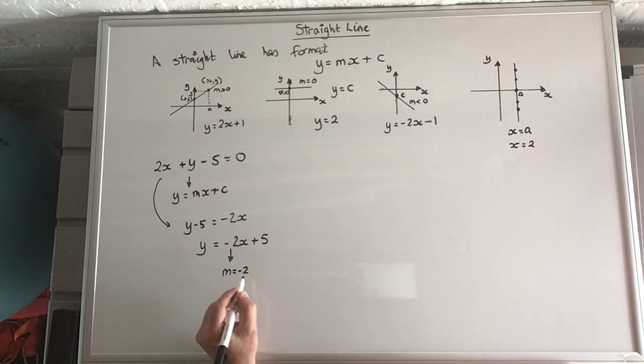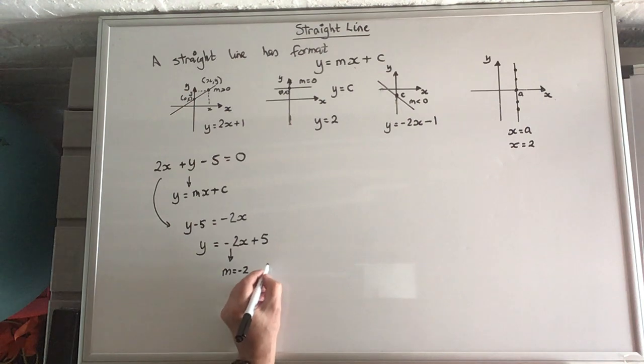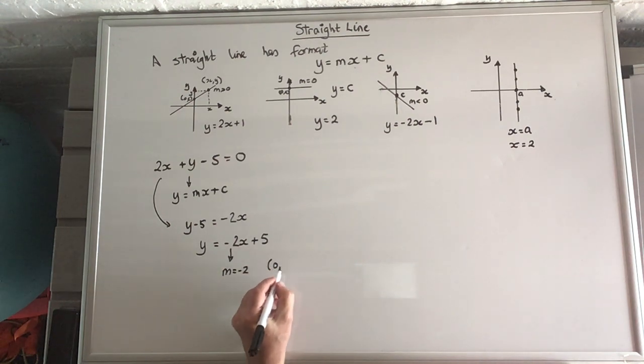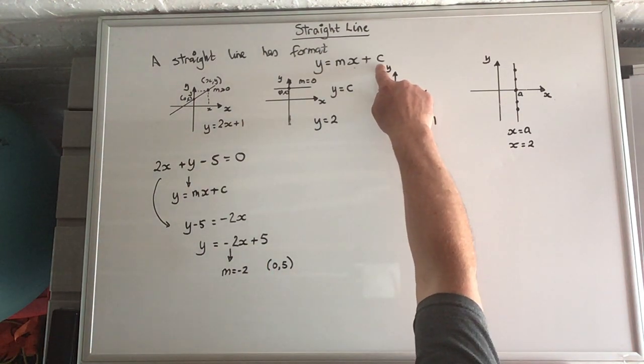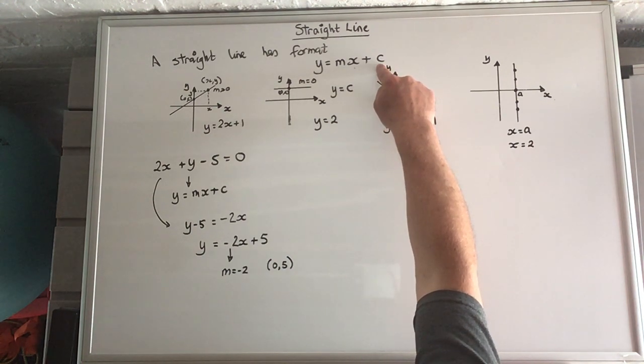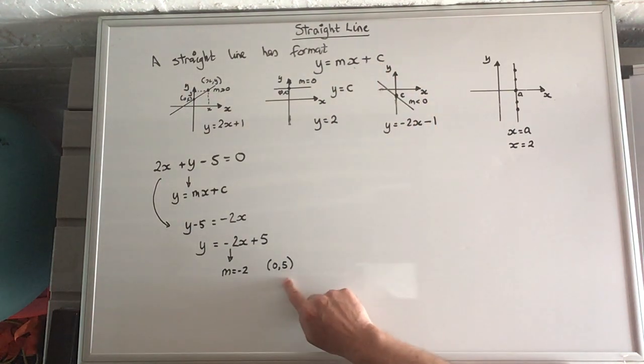And the y-intercept, we'll write that as a coordinate, so y-intercept would be (0, 5). This is the c value, when it crosses the y-axis. It's not just at 5, it's at (0, 5), the coordinate is (0, 5).